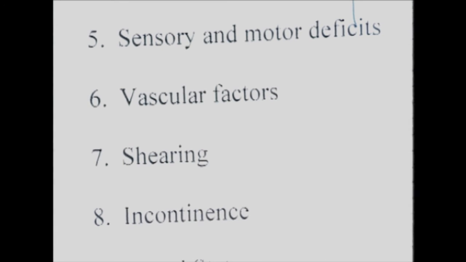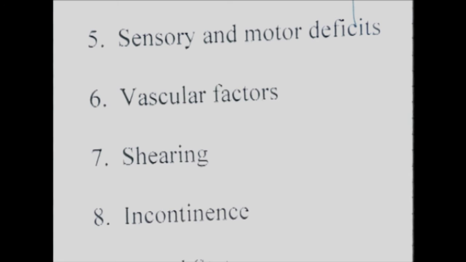But thinking about sensory deficits first of all, someone with sensory loss is not aware of pain and pressure because they can't feel it, therefore they don't bother moving. And someone with a motor deficit may be aware of pain and pressure but be unable to move. For example, patients with some spinal cord lesions, when they're sitting, sometimes can't move to relieve the pressure.